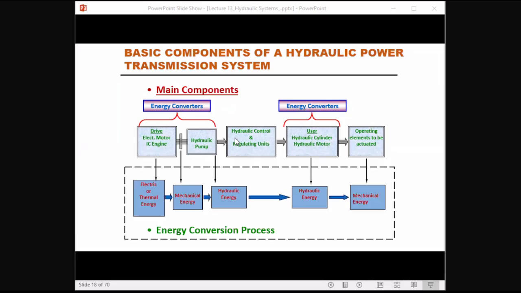Hydraulic pump is also part of the energy conversion process. Okay, then what happens? We can get hydraulic energy using the hydraulic pump.